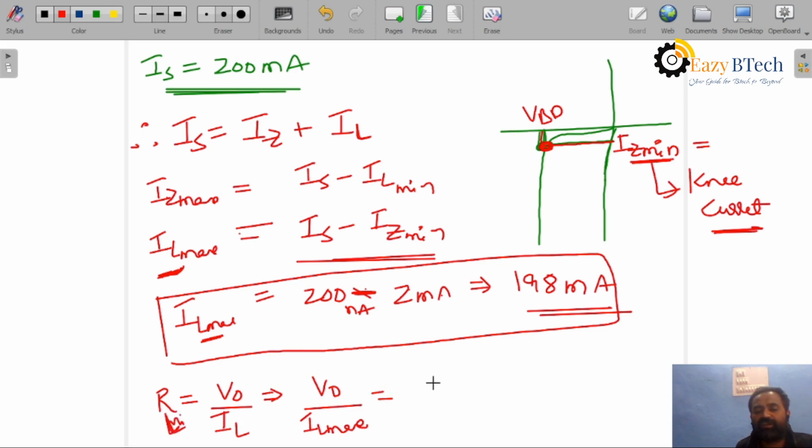This V naught is 6, so 6 by 198 milliamperes.